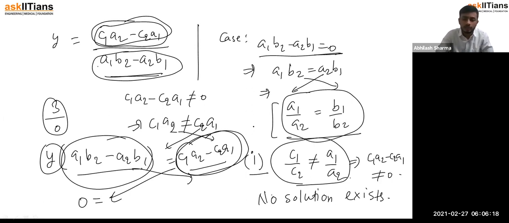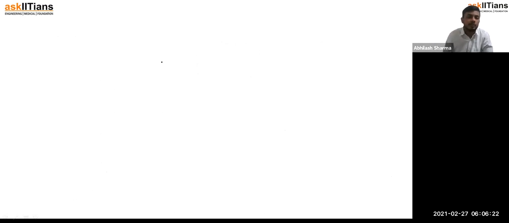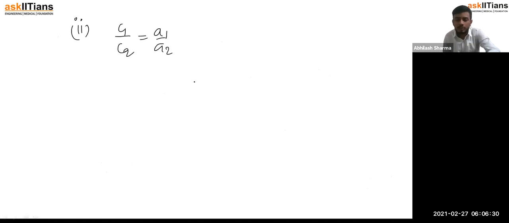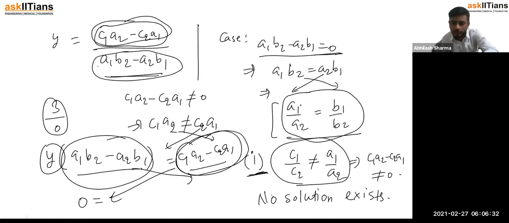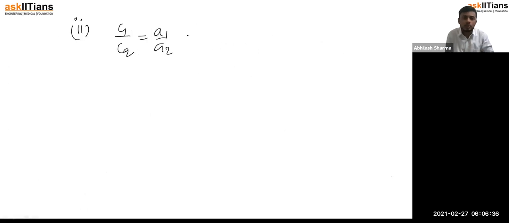Now, the second case. This was the first subpart. The second subpart is when C1 by C2 is equal to A1 by A2, and obviously we have already assumed A1 by A2 is equal to B1 by B2, so this will also be equal to B1 by B2. In this case, there will be infinitely many solutions.